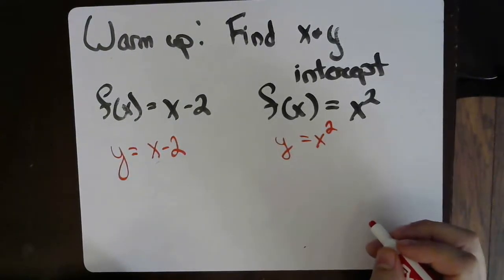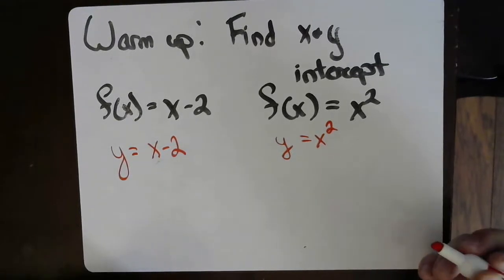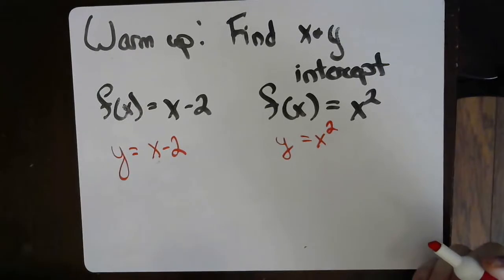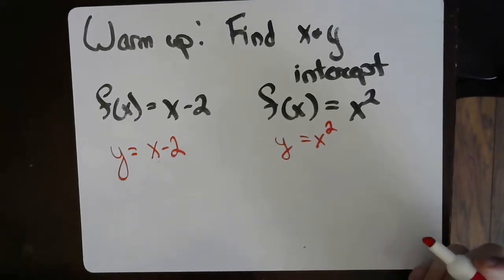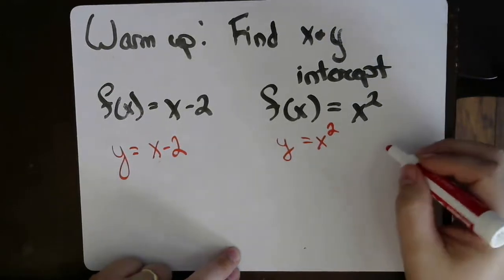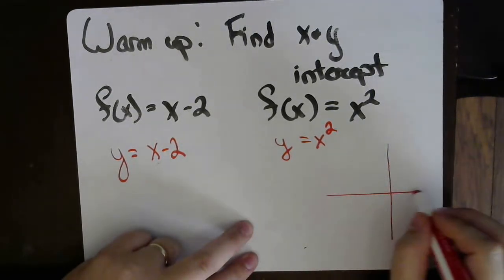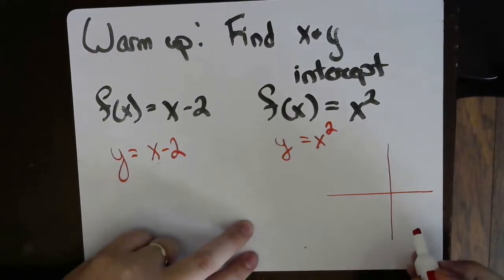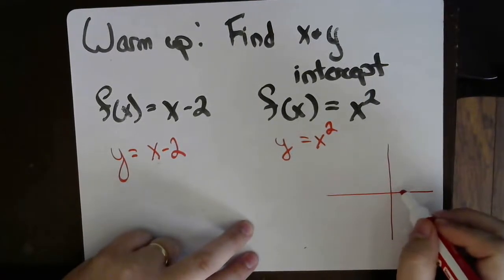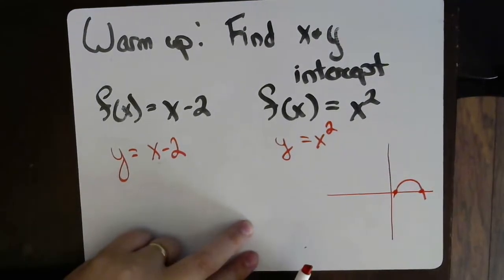So let's do our x-intercept first. I think that's probably our most challenging one, and y-intercept should be a fairly easy one for you guys to do. So an x-intercept is, if we draw a little graph right here, we are trying to figure out when does a line intersect our x-axis.